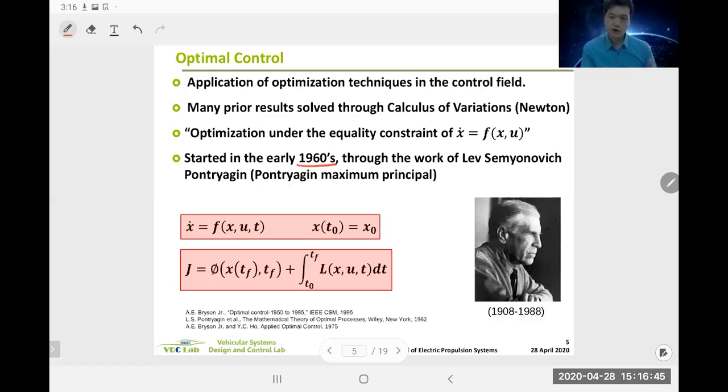So they were shooting rockets for both missiles and to explore space. And when they do that, they need to solve this optimal control problem, trajectory optimization problems.